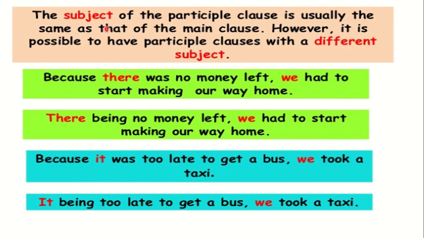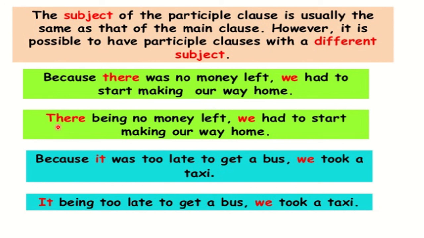Next, the subject of the participle clause is usually the same as that of the main clause. However, it is possible to have participle clauses with a different subject. For example, because there was no money left, we had to start making our way home.